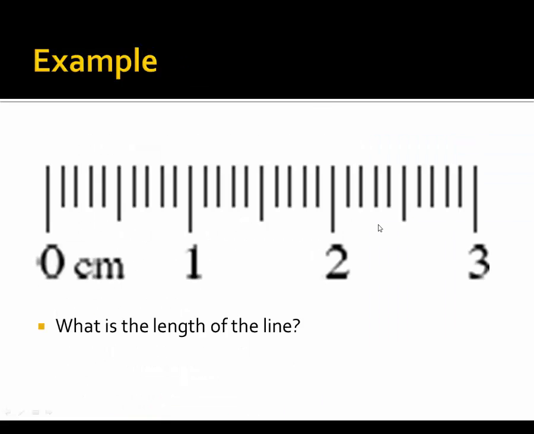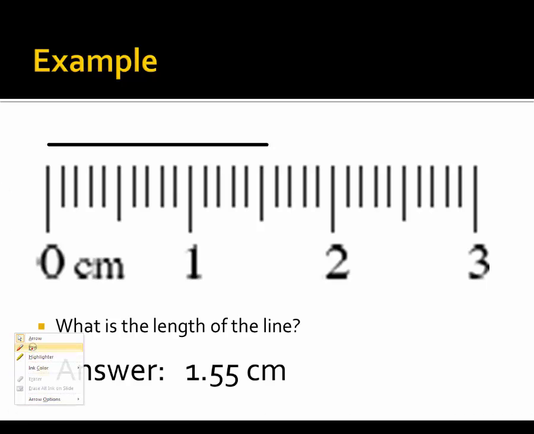So here's another example. What is the length of this line here? Again, this is in centimeters. Make sure to note that. We definitely have 1 centimeter, 1.5 centimeters, right? So 1.1, 2, 3, 4, 5.